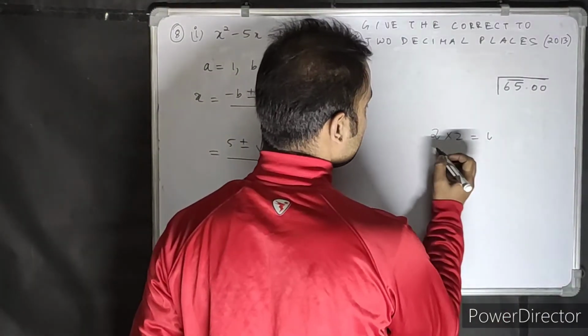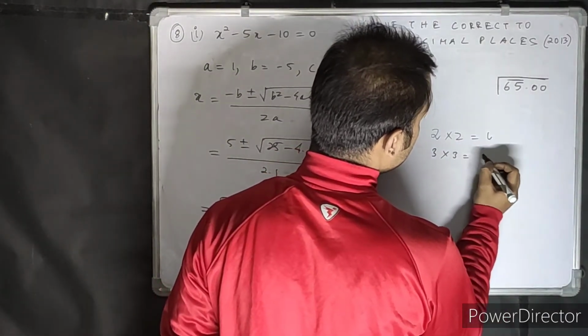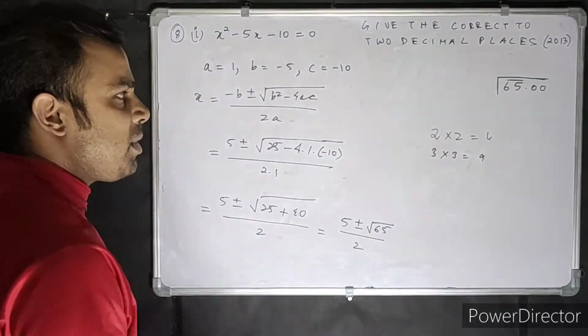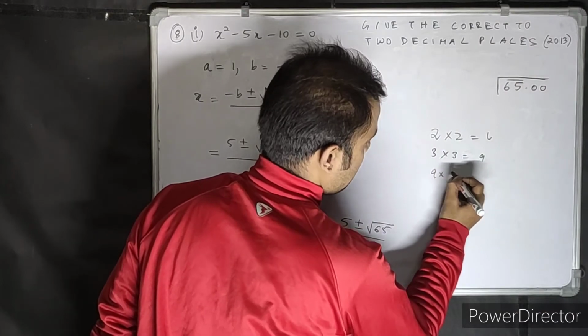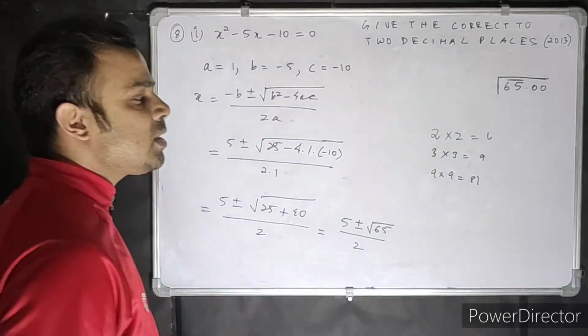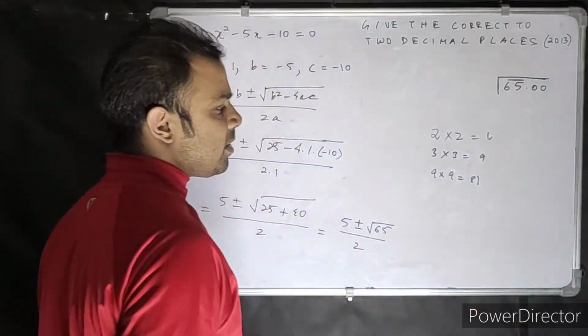Let's take another number, 3. 3 times 3 is 9. I'm getting closer to 65 but very slowly. So let's start with 9. 9 9s are 81. Cannot use this because it is greater than 65.